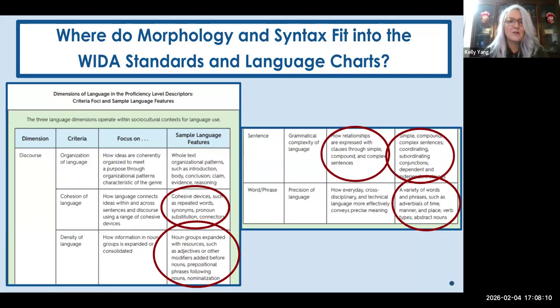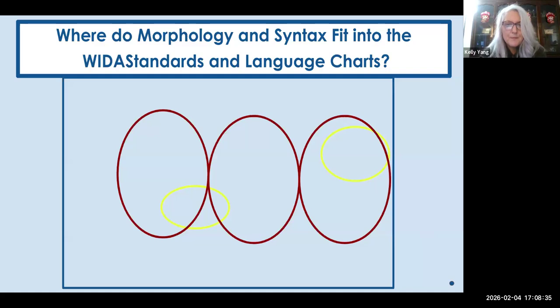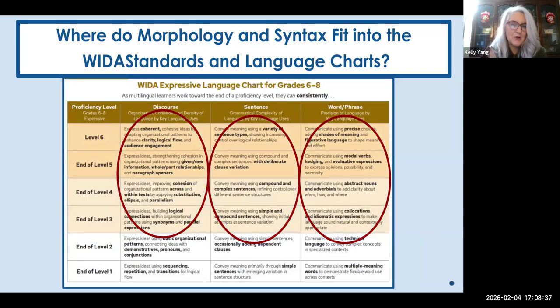Morphology is not as directly stated, but if you think about your expanded noun groups, your prepositional phrases, your variety of adverbs and predicates, all of that is directly related really to morphology at the end of the day. So it's all in there, right in our WIDA standards. And that just shows you, again, the same thing.